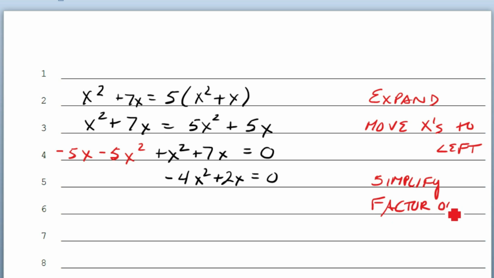Factoring out an x gives us x times the quantity minus 4x plus 2 equals 0.